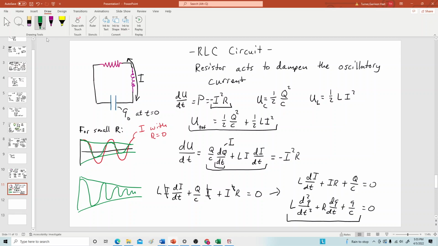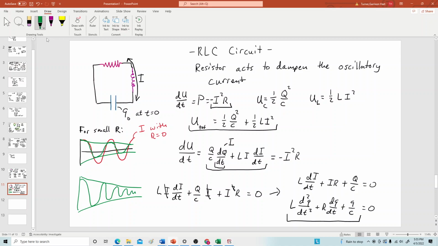And if your resistor is larger than the critically damped case, then essentially your oscillation will die out well before one cycle. And if you have an extremely large resistor and it dissipates all of the energy before the capacitor and inductor can work to cycle the charges back, then your current will effectively die off very quickly.